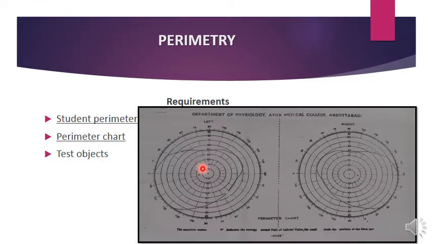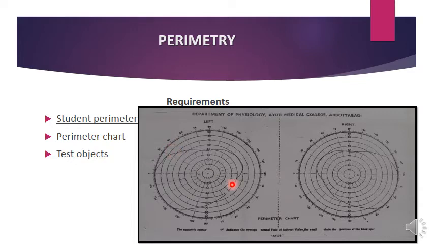In each part there are two types of readings. One type is written over the outer margin of the chart. These readings represent the angles of meridians and are marked at intervals of 15 degrees. For example, this is 0 degree, 15 degree, 30 degree, 45 degree and so on.